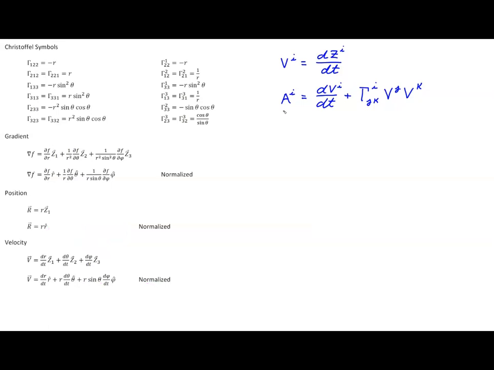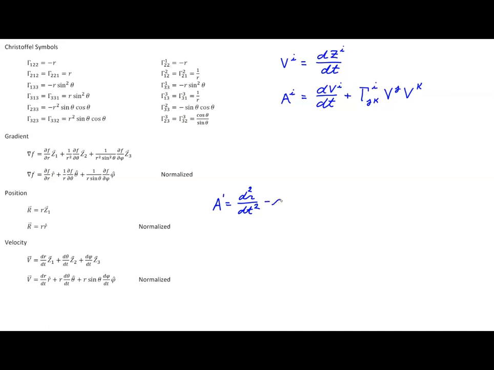For acceleration, we just make use of this formula. There are going to be 3 acceleration components, so we'll start with a1, and that's going to be equal to the derivative of v1 with respect to t. That's just the second derivative of r with respect to t. Then we need a term for each Christoffel symbol with a 1 in the upper position, and there are 2 of them here. There's gamma 1, 2, 2, gamma 1, 3, 3.